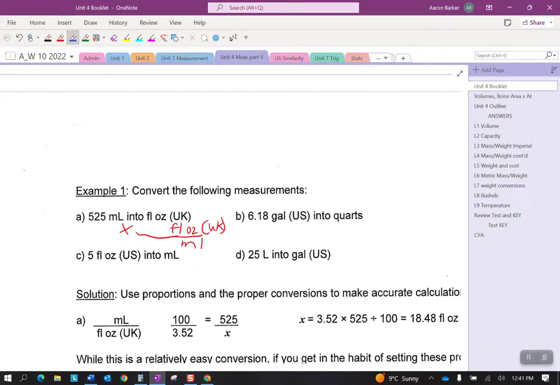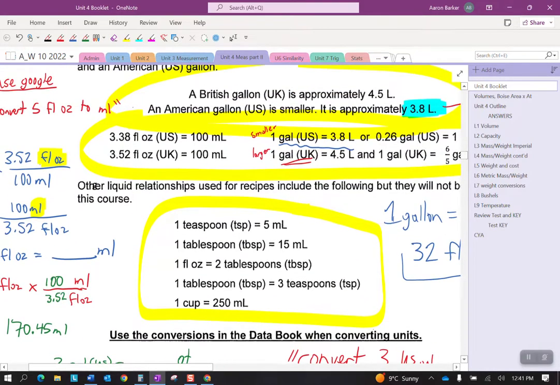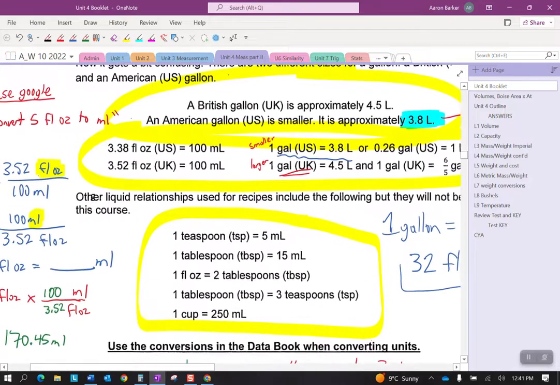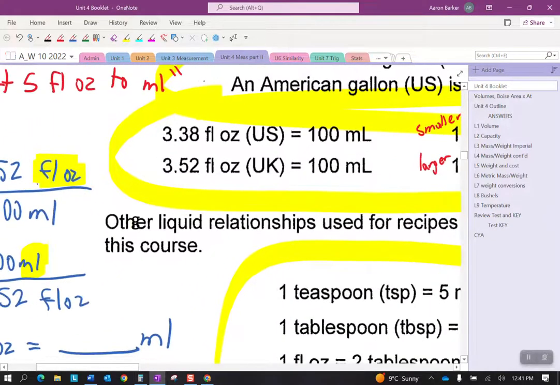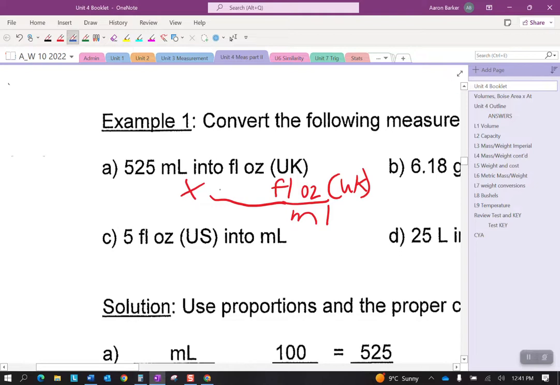Write that down, Nick. Okay. So we go back up to our chart. Fluid ounces and milliliters. Where are we? Right here. 3.52 and 100. So we go back and we go 3.52 over 100. And what does this equal?